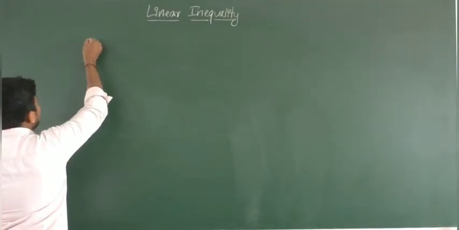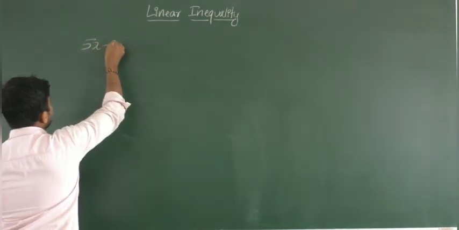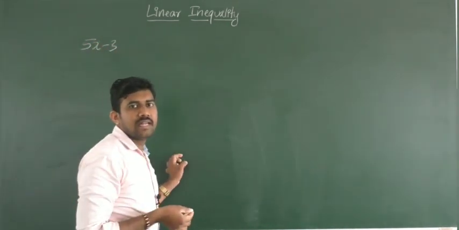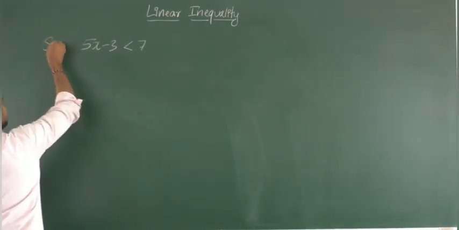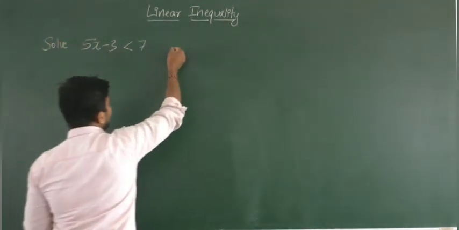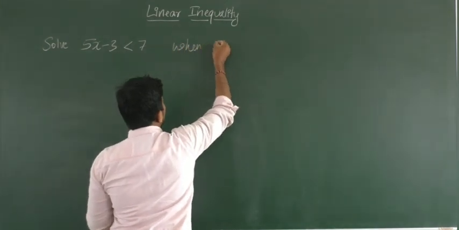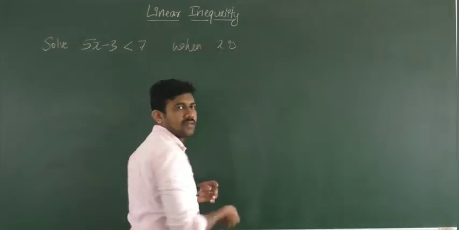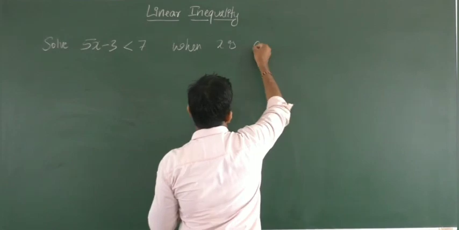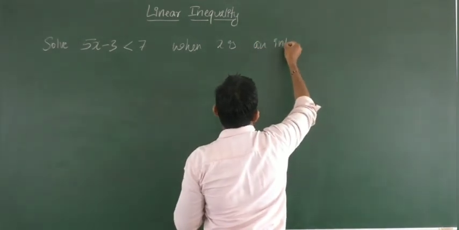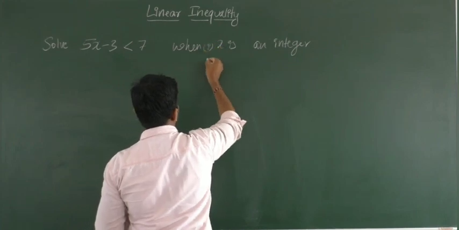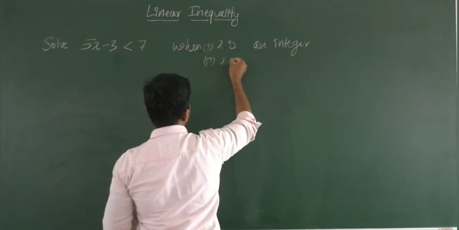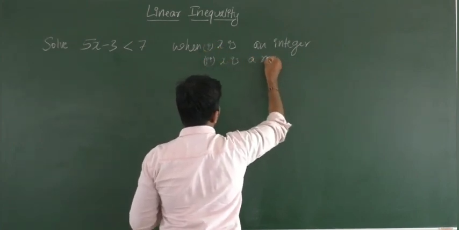5x minus 3 less than 7. Solve this, when x is an integer; second sub question, x is a real number.